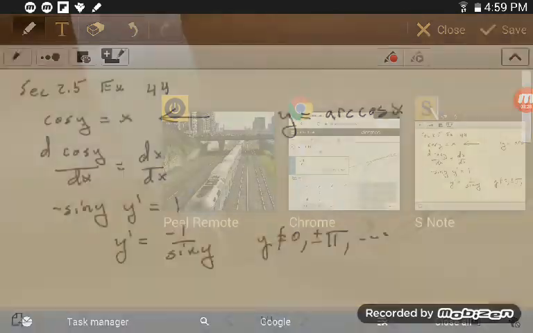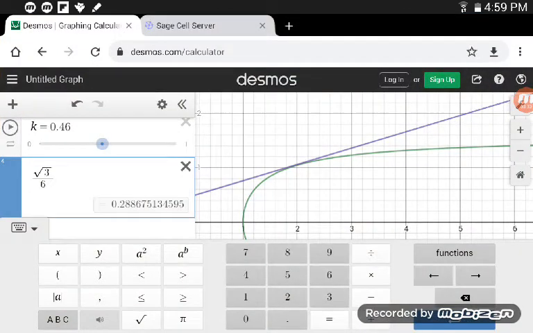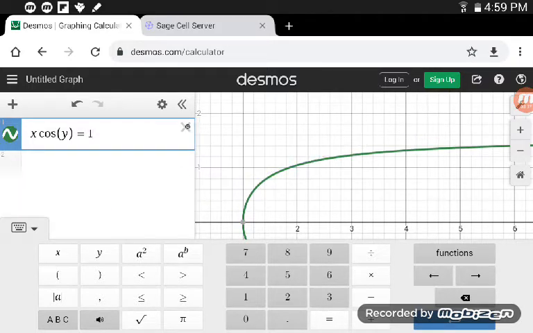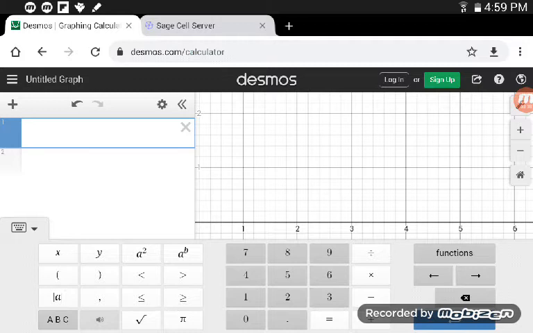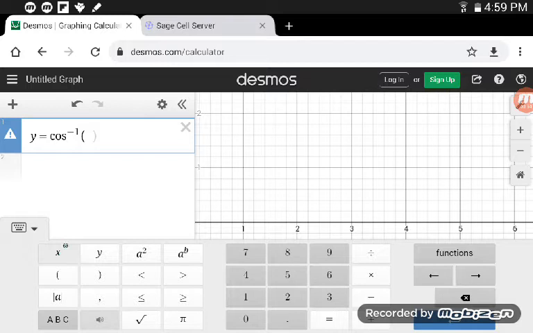So again, this is where graphing tools are our friends. So I'll get rid of the previous problem that I looked at with this. And one way we can go about it is, we solve for y and say y equals, and let's look at our functions. There's cosine inverse or arc cosine of x, like that.